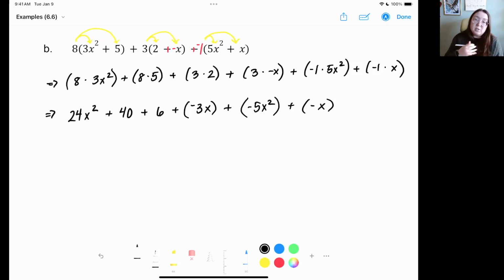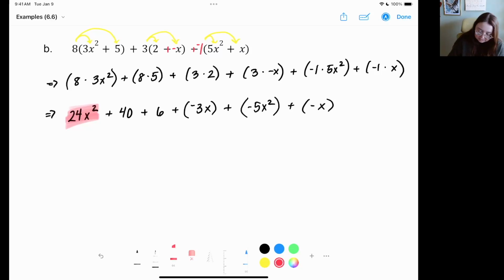So now that we've distributed and simplified a little bit, we can focus on combining like terms. Starting in the front with 24x squared, we'll see if there's any like terms. You could very well not have any like terms in an expression, in which case it would just stay the same.